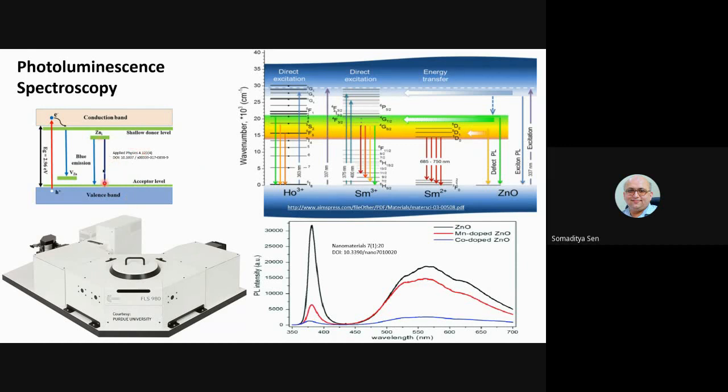Okay, so these are the lower energies which are here that can be found out. So this is a way to find out what defect states and how much of these defect states are there.